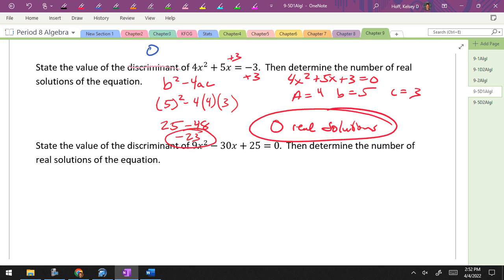Try that bottom one on your own. Find me the discriminant. Tell me how many real solutions there are.